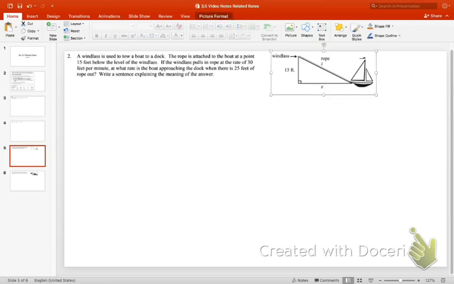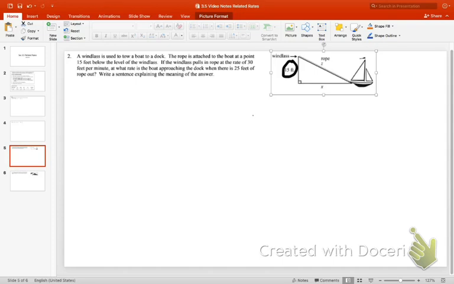Oh, I'm not in drawing mode. Hold on. That is this length here, 15 feet. If the windlass pulls in the rope at a rate of 30 feet per minute. The fact that it's telling me that this is a rate means they're giving me a value of a derivative.